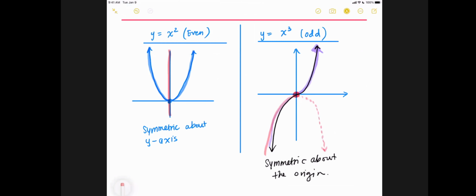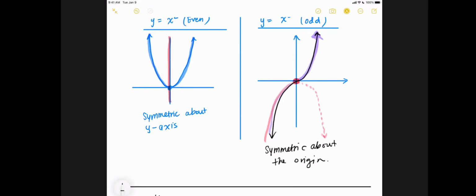And so the algebraic test to prove if a function is even or odd is that if you calculate f of negative x, and it comes out to the original function f of x, then the function is even.